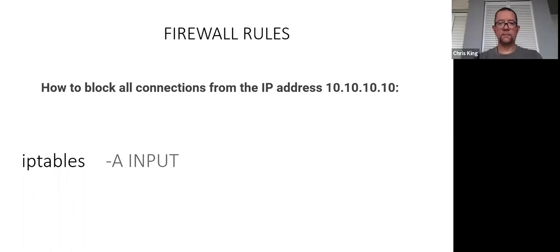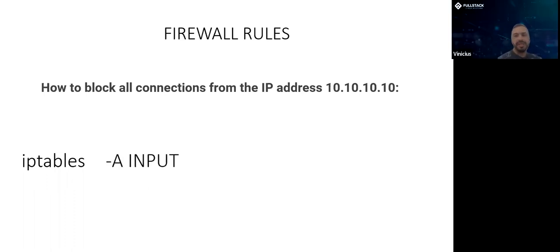Input. There we go. So -A means I want to add this rule to what is already there. That's the meaning of -A. I want to add this rule to the input set. And then I'm going to give the IP address.